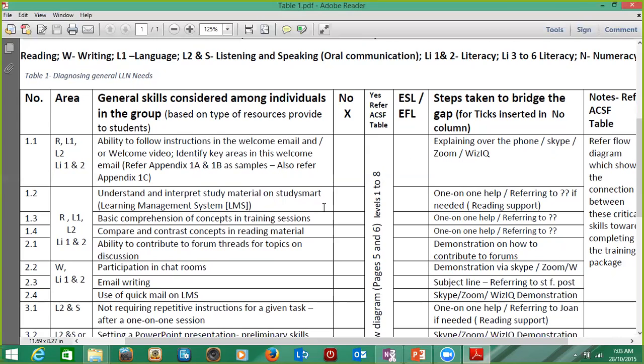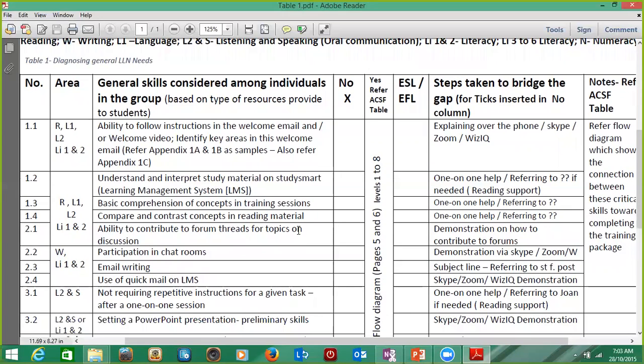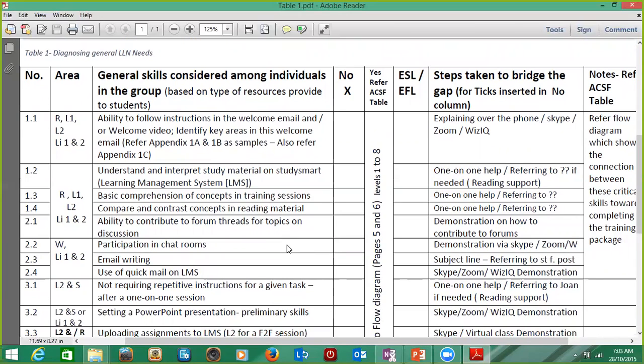That's an example. Similarly, students should be able to understand the study material on our learning management system. That's a general skill: basic comprehension, something to read and completing the activities given to them. Those are the very basic skills required. Then, can the student contribute to forum threads as indicated in the welcome email? Can the student participate in chat rooms?